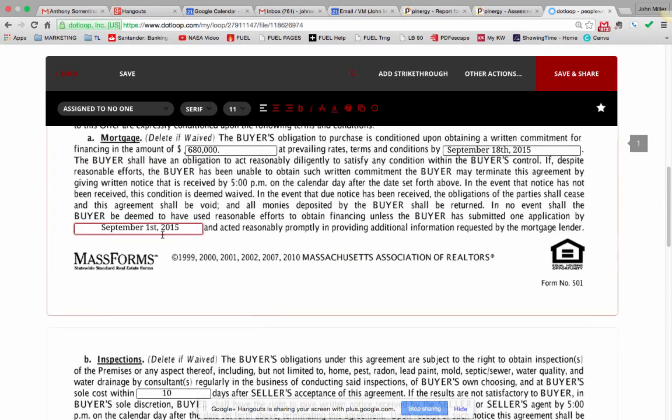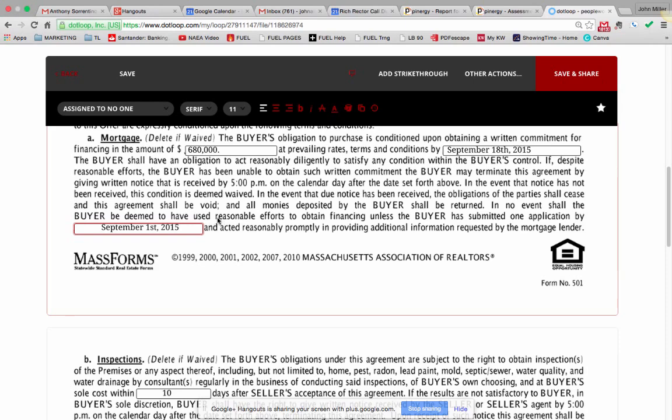Now, if the listing agent says, hey, your buyer's supposed to apply for financing by September 1st, have they done that, and can you prove it? You have to be able to prove it by that date, or the buyer is running the risk of having this. In other words, if you can't prove that they applied by September 15th, it says right here, in no event shall the buyer be deemed to have used reasonable efforts.